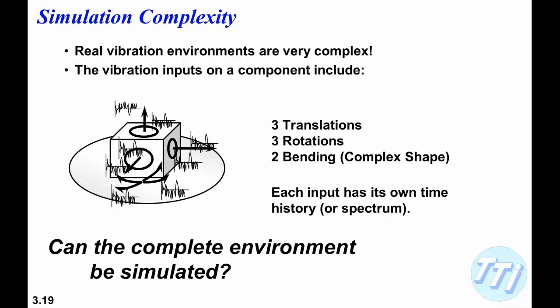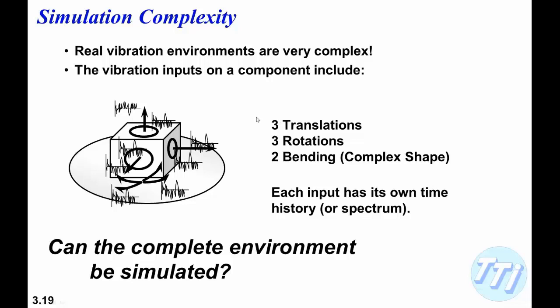So, in the vibration world, how are we going to simulate these things? Real vibration environments are complex, and the vibration inputs on a component include 3 translations, X, Y, and Z, 3 rotations around X, Y, and Z, and there's another set of degrees of freedom which you don't think of immediately, but the boundary conditions that our black box is mounted on are going to apply bending loads to the structure that are shown here with these arrows.